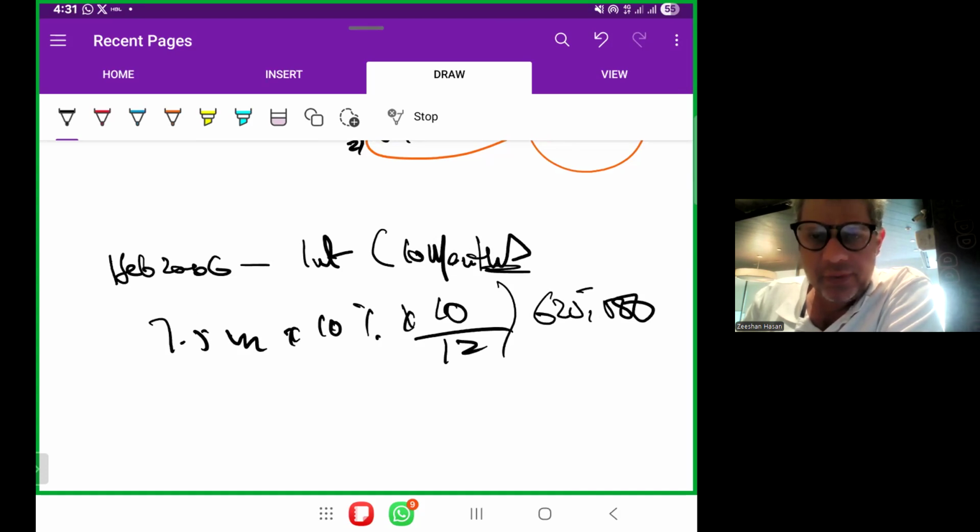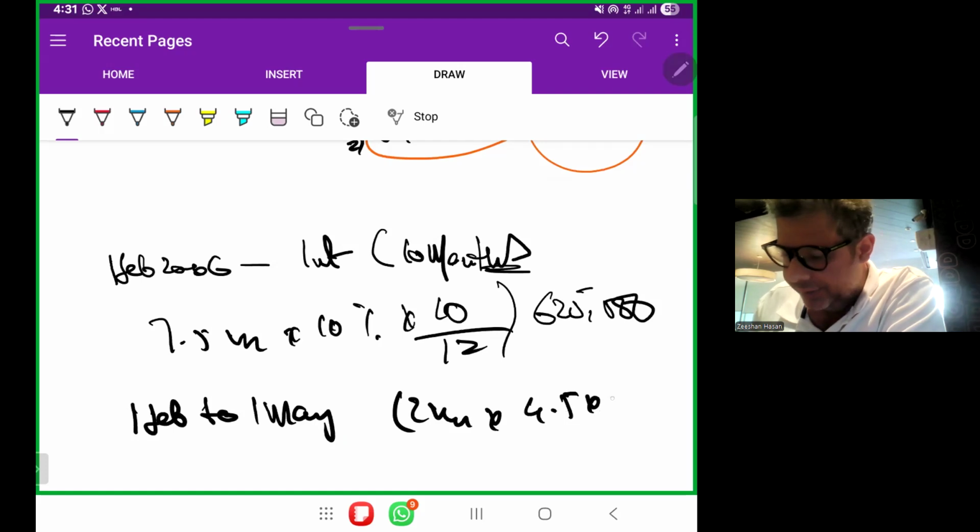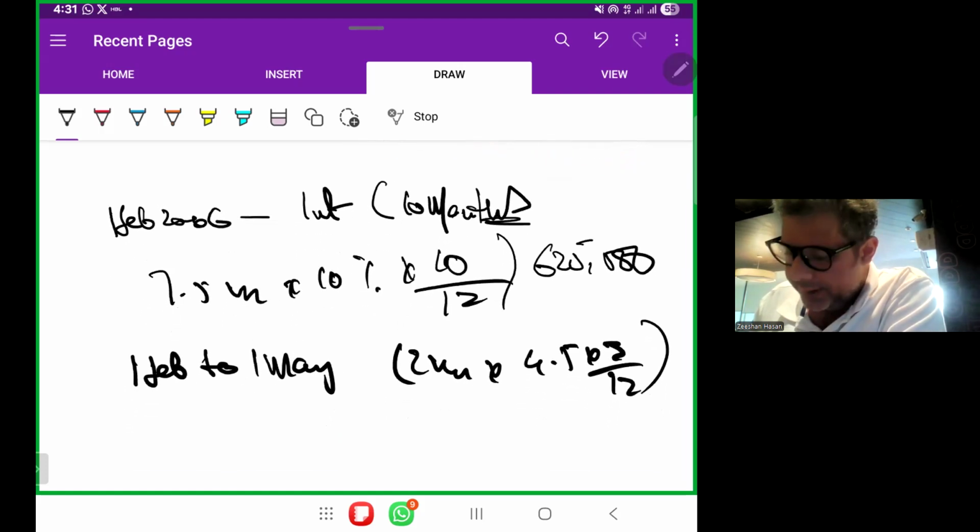The amount earned from 1st February to 1st May 2006, that is February, March, April, is 2 million times 4.5% for 3 months. In total, we get 22,500.